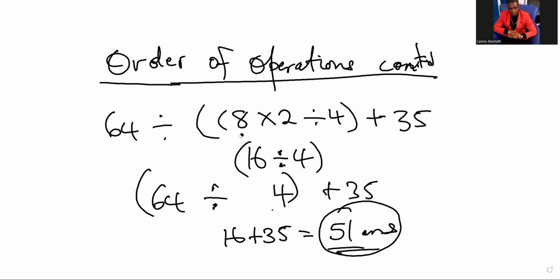So going left to right, multiplication comes before division. So 8 times 2 is 16, and then she divided by 4. 16 divided by 4 is 4, but she wasn't done there. She said 64 divided by 4 to give us 16, and the final answer, just like what she said, is 51. Very good, Toriji.